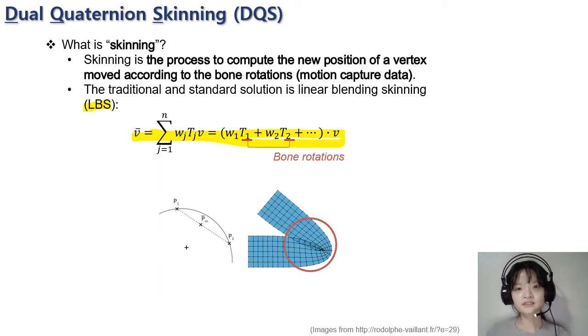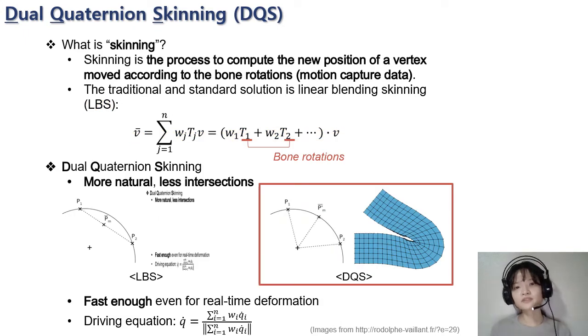This LBS is very simple but has critical problems, including joint collapse. In the joint area here, you can see that there is an overlapping issue in this part. Such intersections should be minimized because they can cause problems during particle transport in Monte Carlo codes.